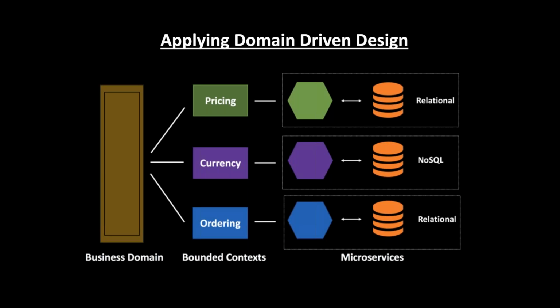Based on the business requirement and use case, you can then associate a particular data store technology as well. You're no more bound to have relational. You can have a combination of relational and non-relational technologies.